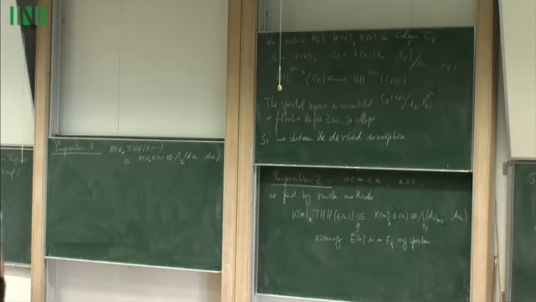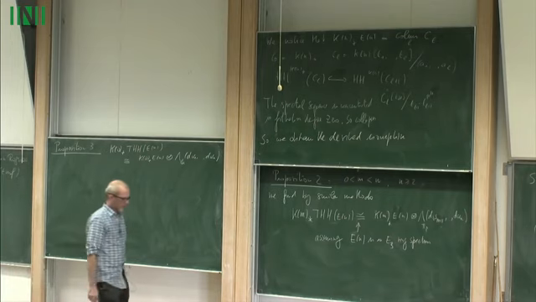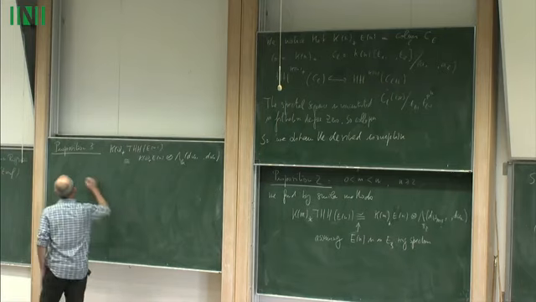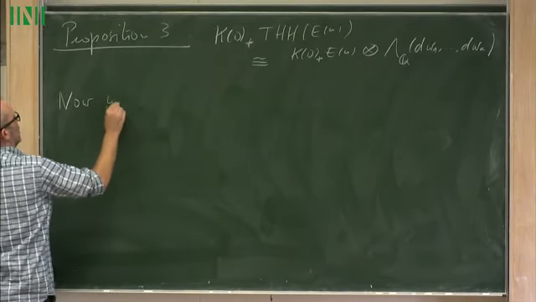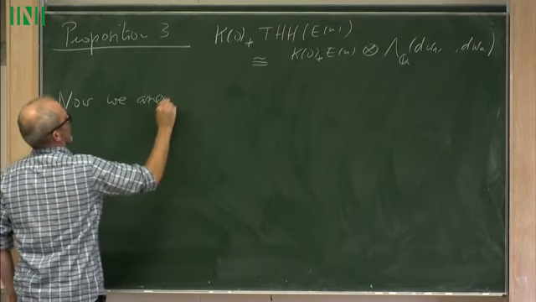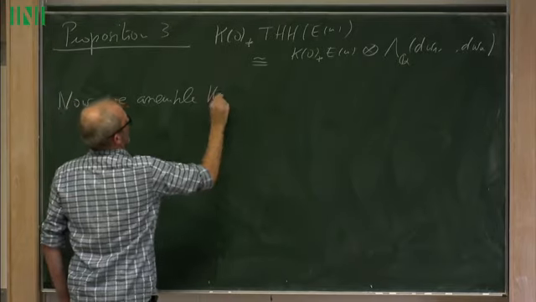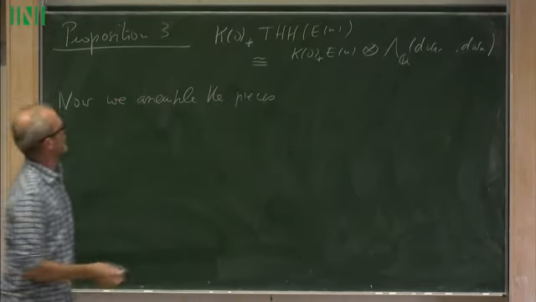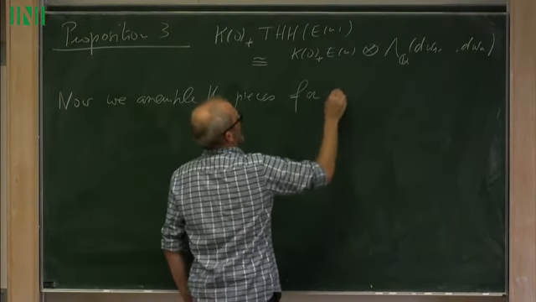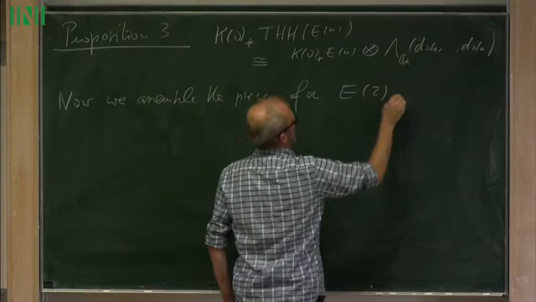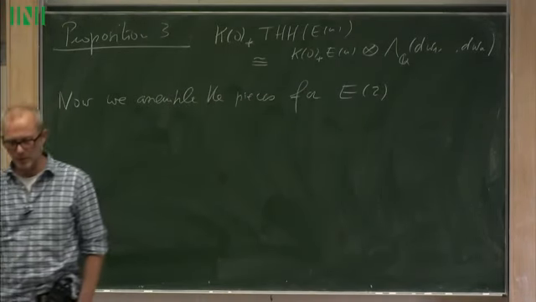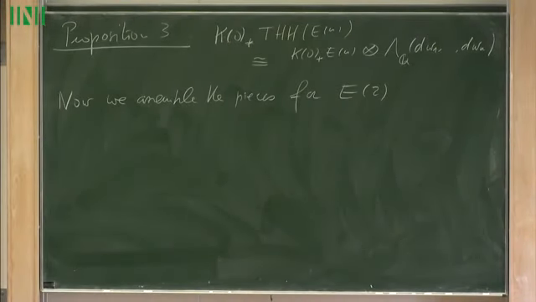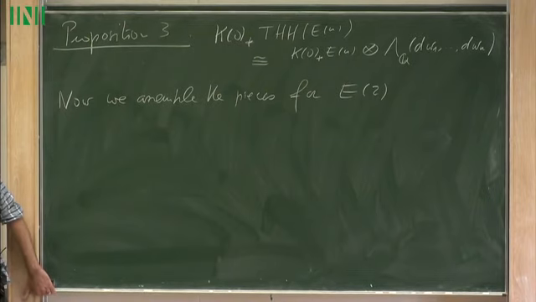And then we have somehow to assemble the pieces, and we do this for E2. So the next example in the chromatic picture is the Johnson-Wilson spectra.